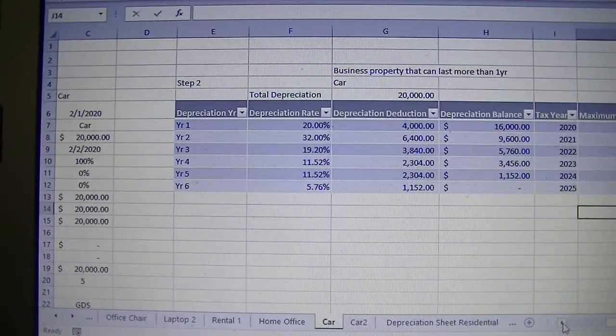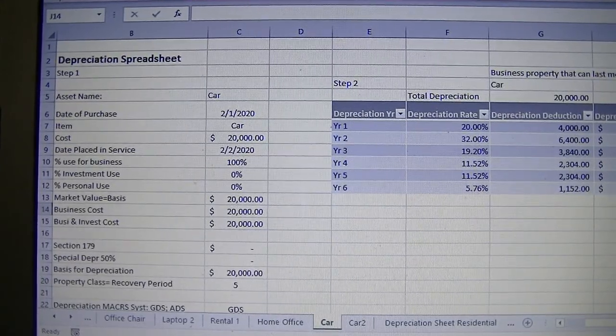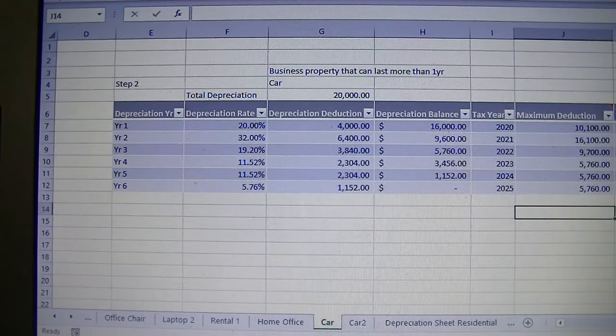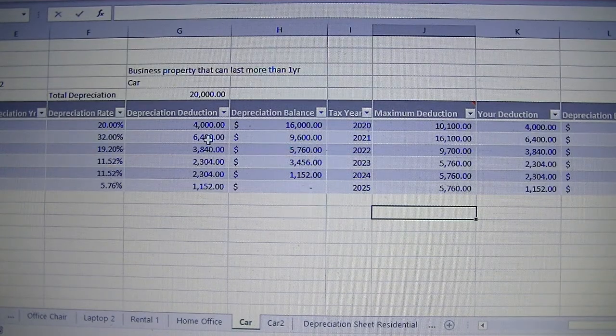If you use it 100% for your business and the car is expensive to the point that the maximum deduction is less than the regular depreciation deduction, then that's the maximum deduction that you claim. By year 6, there is a chance that you may not claim the full cost of the car, the basis for depreciation.